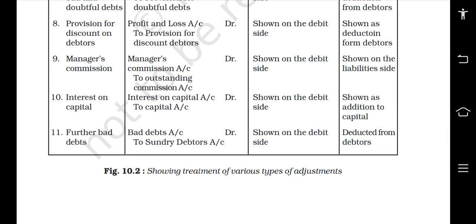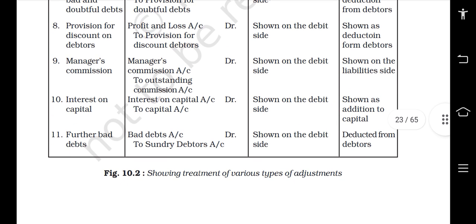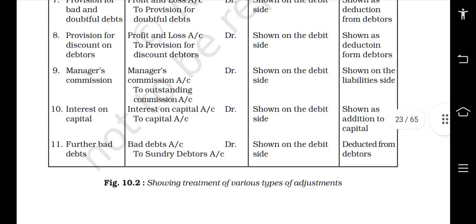Then suppose 110 rupees is the profit and the manager's commission is 10%. Then what will be the answer? After charging manager's commission means we have to consider 10 by 110: profit into 10 upon 110, that is 100 plus manager's commission.